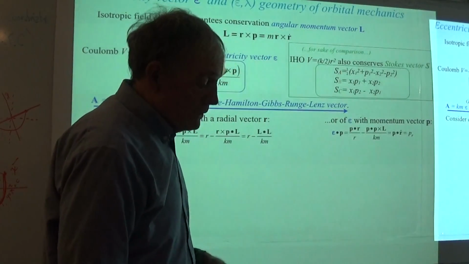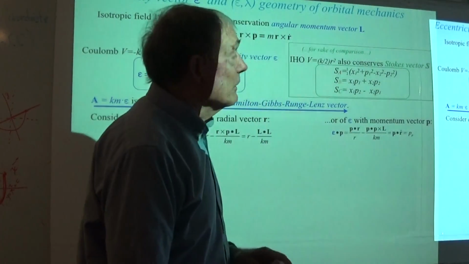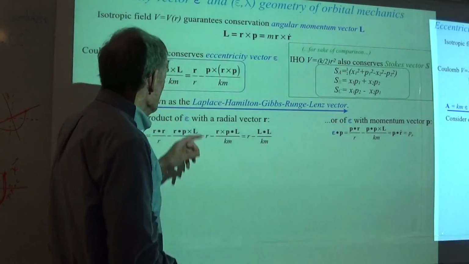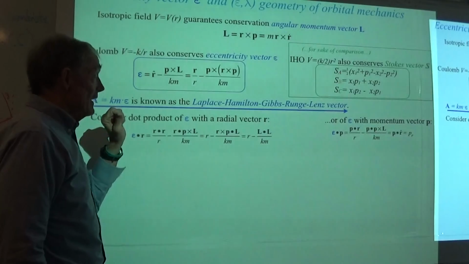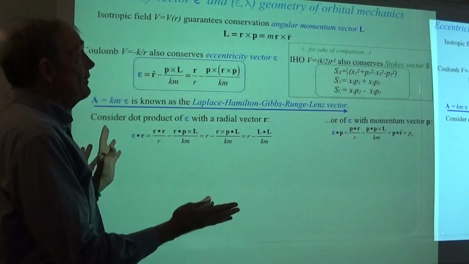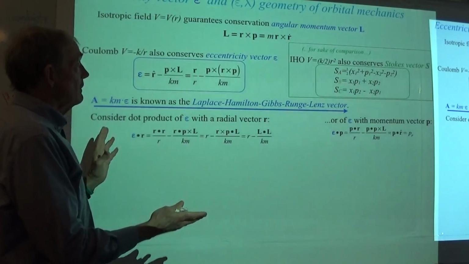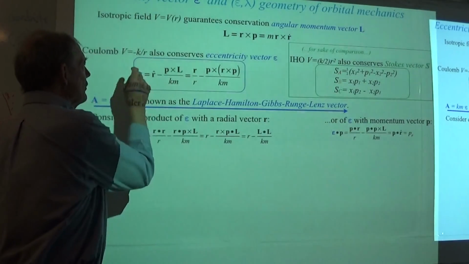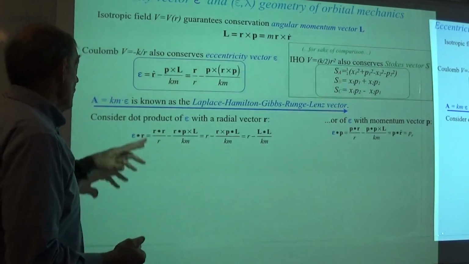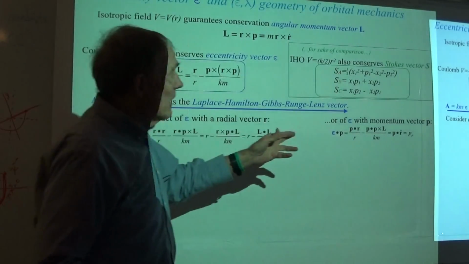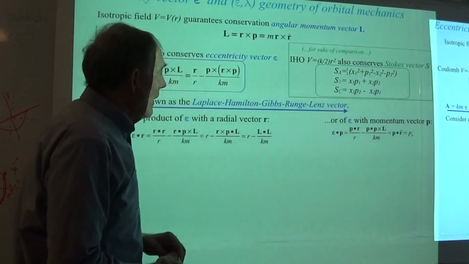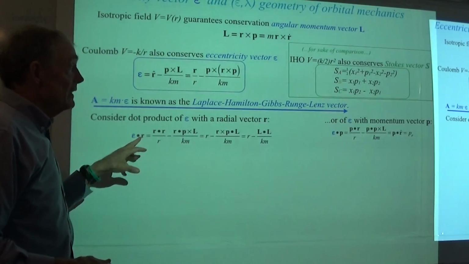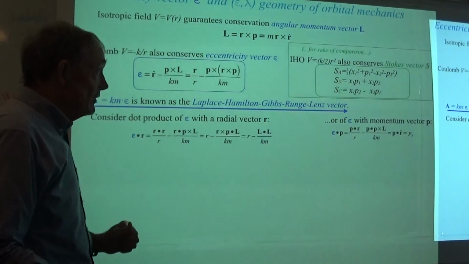So remember what we're doing here is working with a vector that is conserved. We know L is conserved, angular momentum, that's conserved by any isotropic potential. But this very special O4 potential is conserving this crazy thing. So, dot it with R, dot it with P, you'll get something that, if you're lucky, makes some sense.